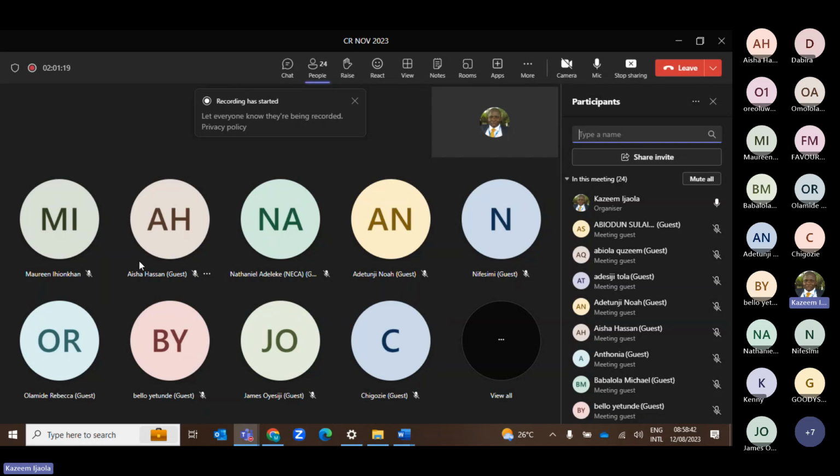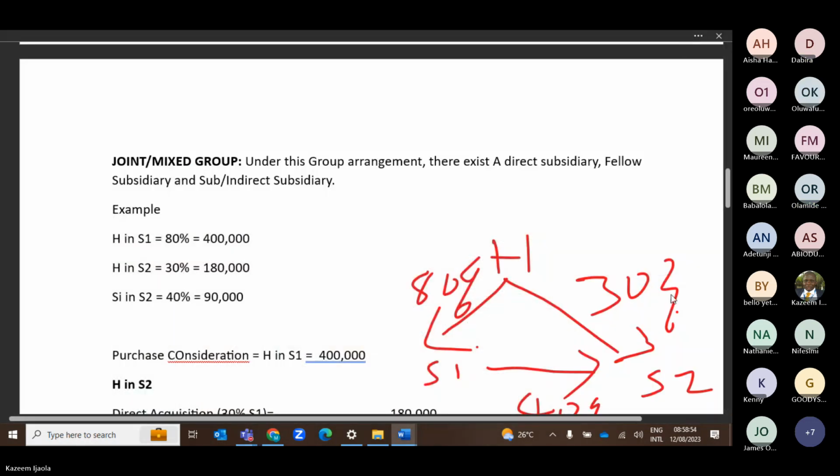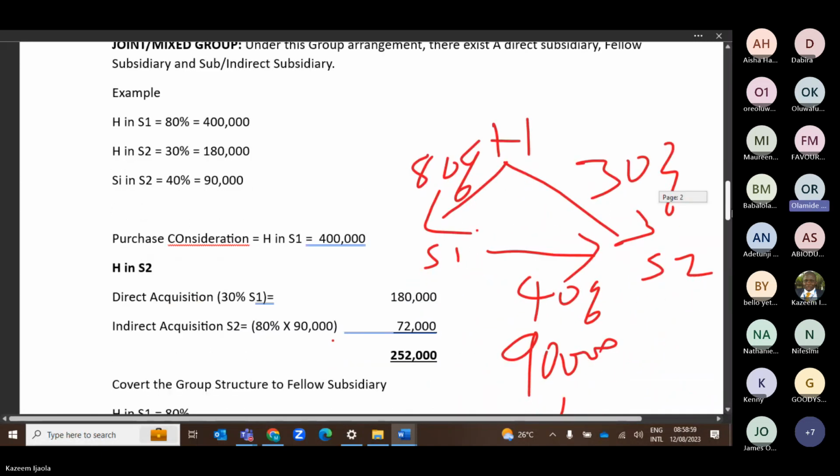All right, any question before I move on? Dabira, you want to say something? Sorry, sir. Can you please go back to the diagram? I'm there now. That direct acquisition, is it 30% of S1 or 30% of S2?